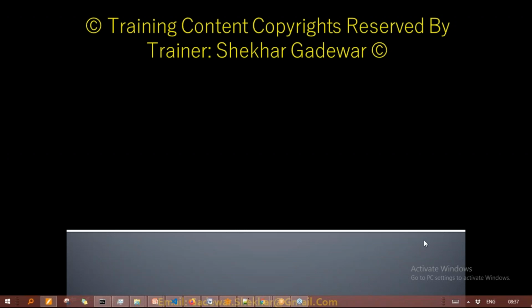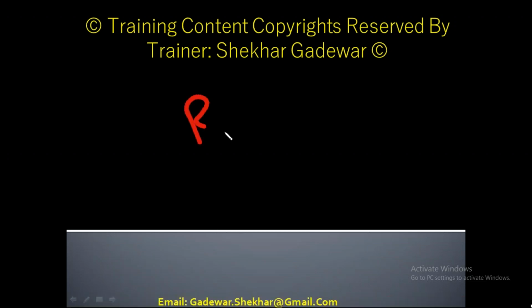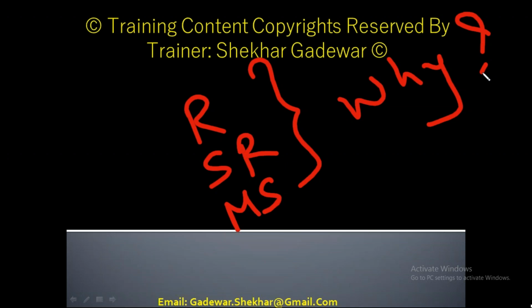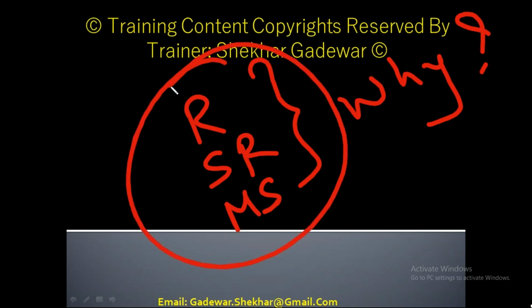Let me tell you. First of all, when we have concepts like role, sharing rule or manual sharing, why is there a need to learn this topic? Please note, these are all going to be done manually.